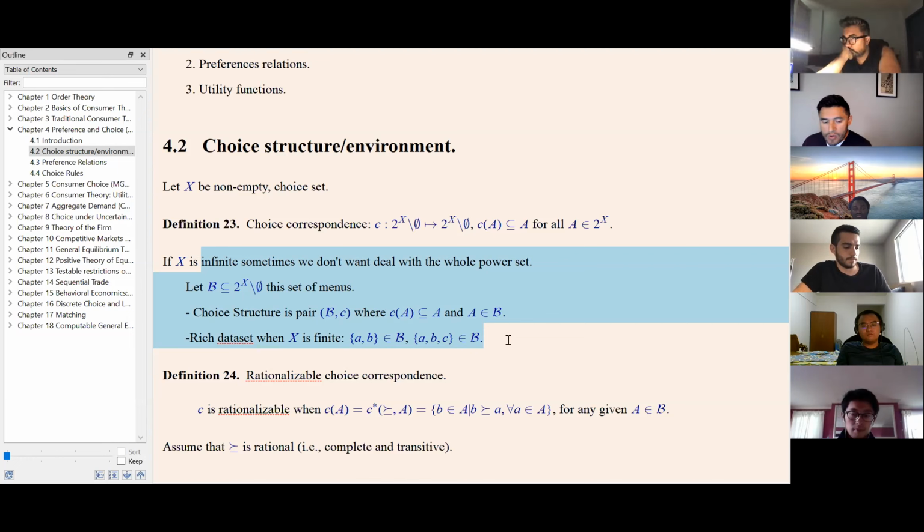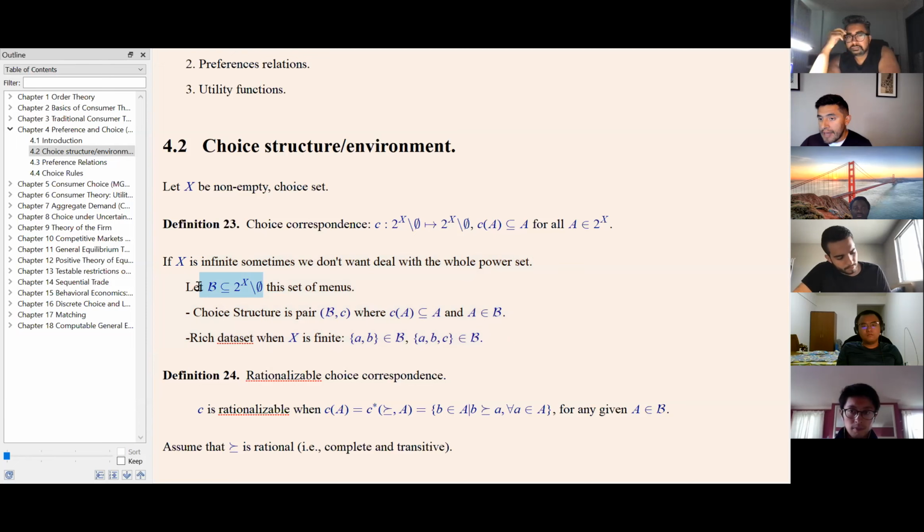So right now, what I'm telling you is that usually the choice correspondence can be observed in a subset of the power set. In particular, you will have something called the collection of menus, which is this calligraphic B, okay? And this is nothing else than a collection of menus. One example from the set of lotteries is the one I described. Imagine X is finite, you have 3 lotteries.